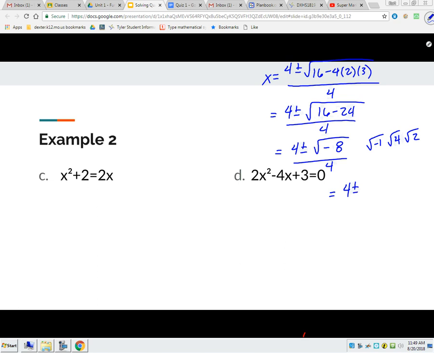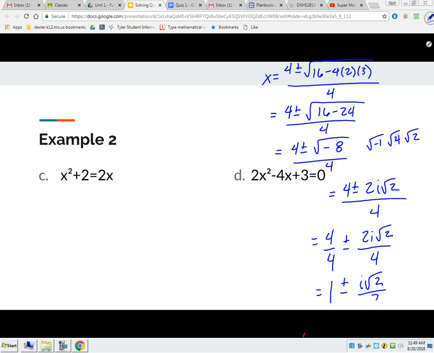Negative 4 plus or minus a negative 8 would turn into a 2i squared over 1. I like to break it up better. If you want to cancel off all 3 of those, that's perfectly fine. You can get an equivalent answer. This breaks it all the way down to 1 plus or minus i squared to 2.